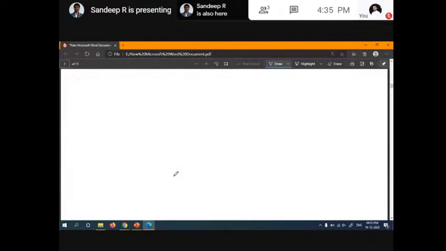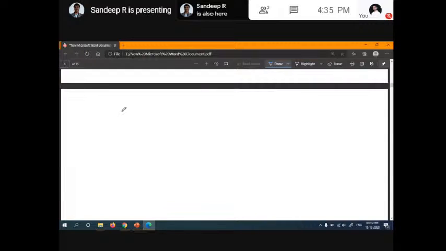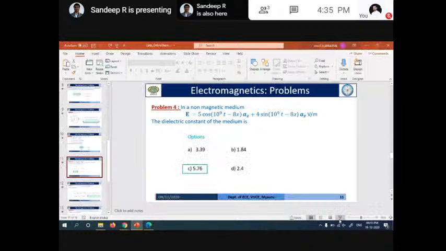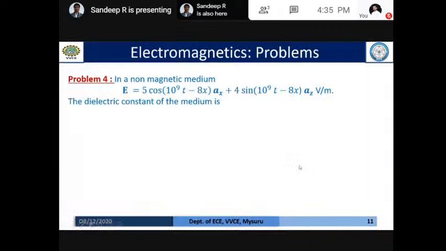This can be calculated using the formula V is equal to omega by beta. So we should know the value of omega and the value of beta. The standard form of this equation is 5 cos of (omega t minus beta x).